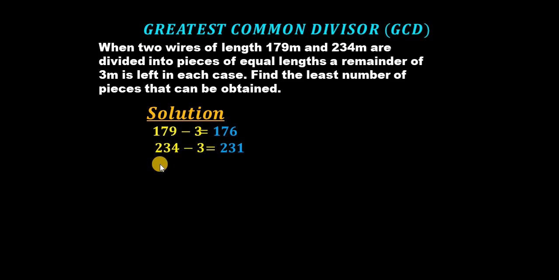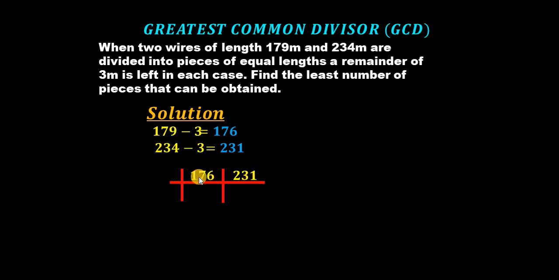And therefore we proceed on to get the greatest common divisor. Given 176 and 231, I will consider the possible prime factors that can divide 176 and 231 at the same time.